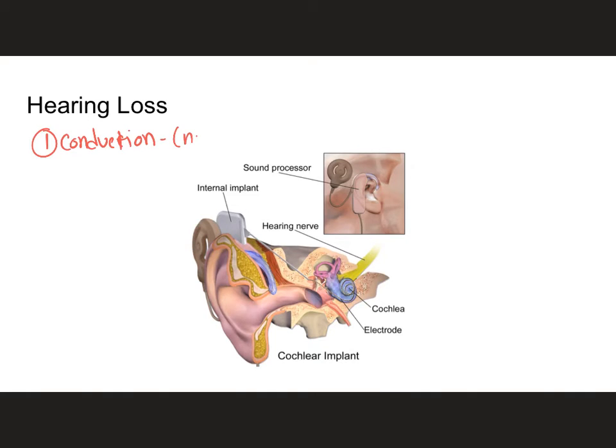So we'll just say no repair. This is when there's been actual damage to the middle ear, that you cannot repair. So these are going to be the three little bones.